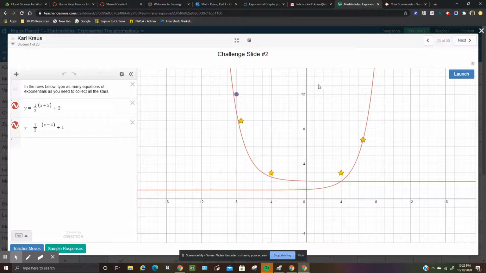And then slide 2. I don't know if this is going to work. Let me see. Oh, yeah. I thought this might not be flat enough here, but it works. I mean, there's other equations you can put in there to collect the marbles, but like I said, it took me a while to find the right one.